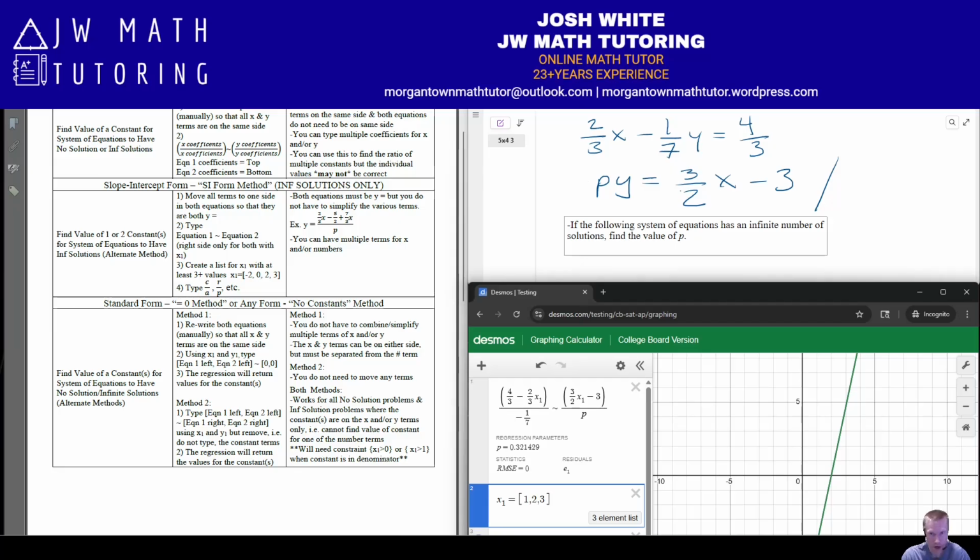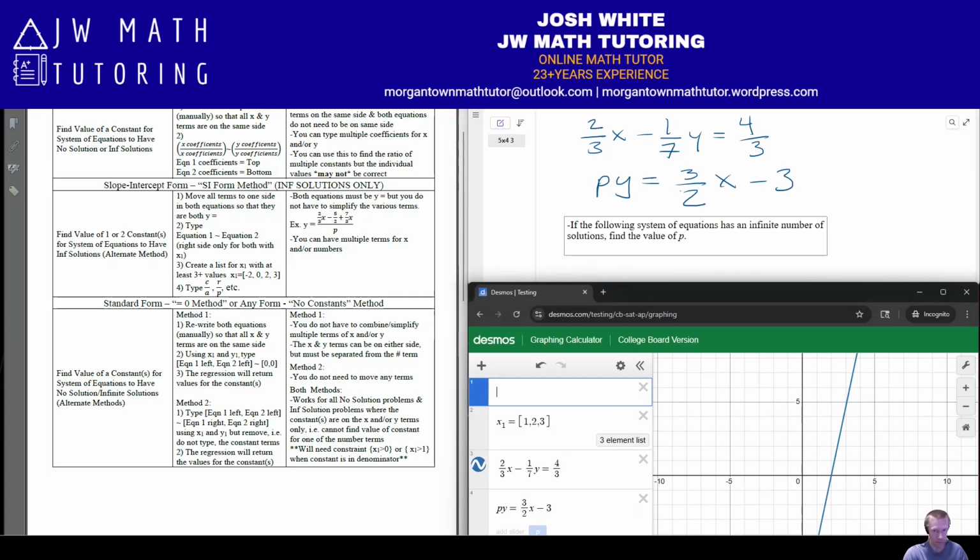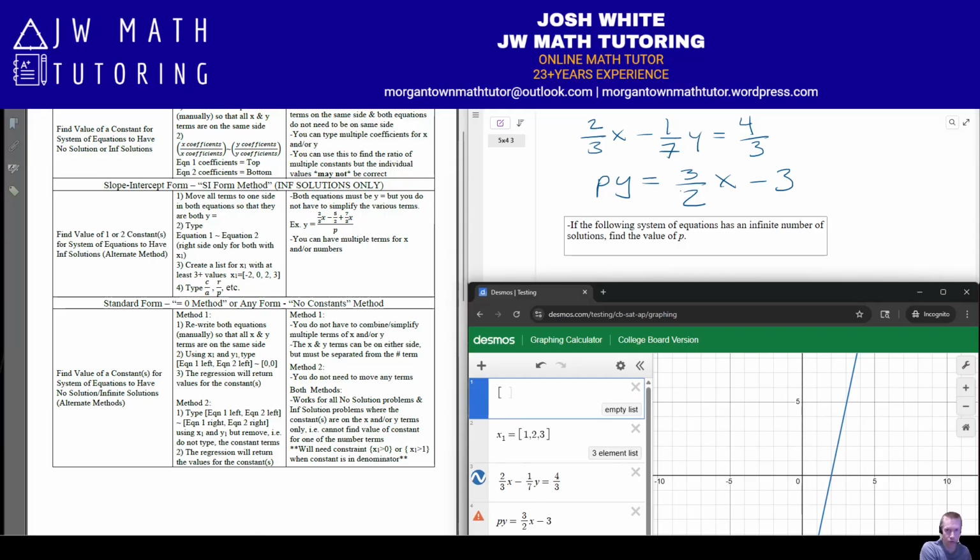So let's look at how this would work in practice for this problem. This is actually very similar to the first approach in that the first equation is already in standard form, or modified standard form. So we just start off with 2/3 x1 minus 1/7 y1. Okay, but now for the bottom one, we either have to move the y term over to the right or the x term over to the left.